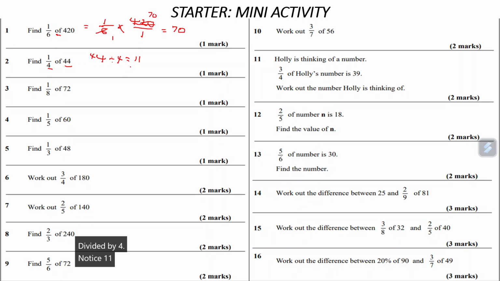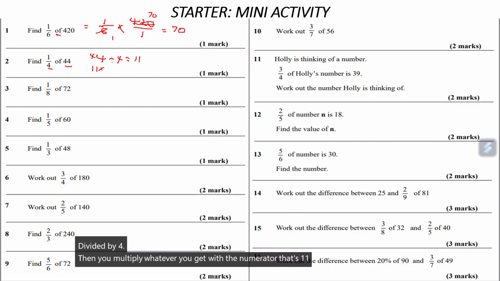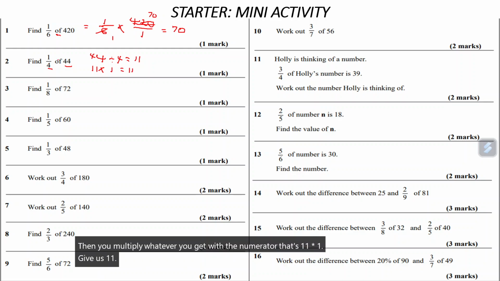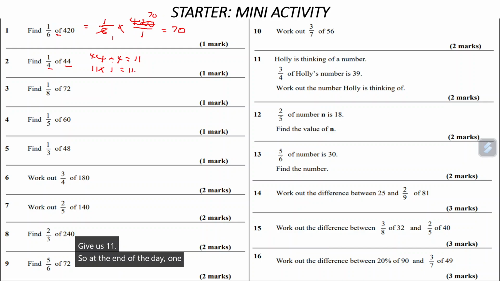Then you multiply whatever you get with the numerator. That's 11 times 1, which gives us 11. So at the end of the day, 1/4 of 44 is 11.